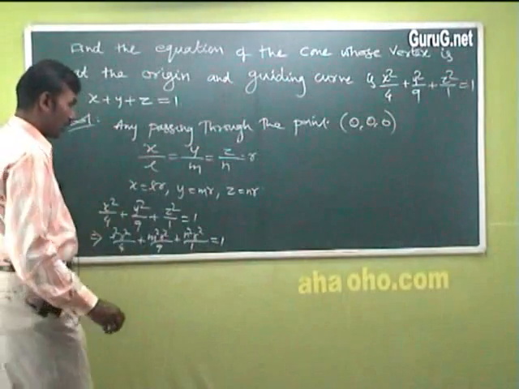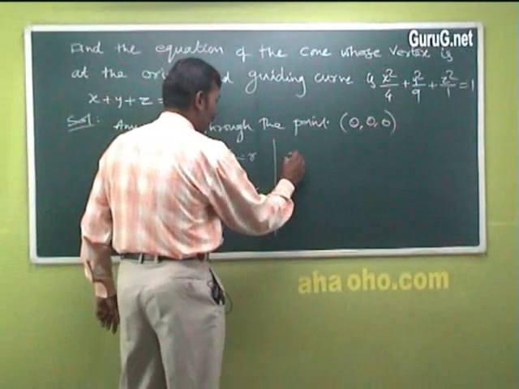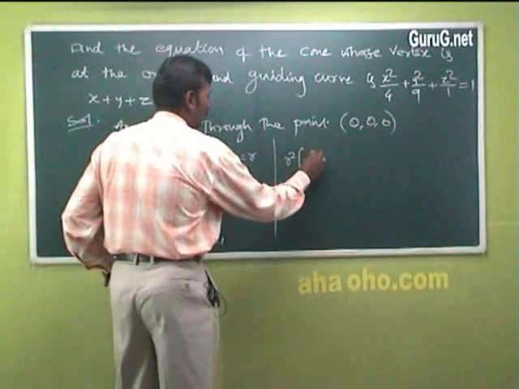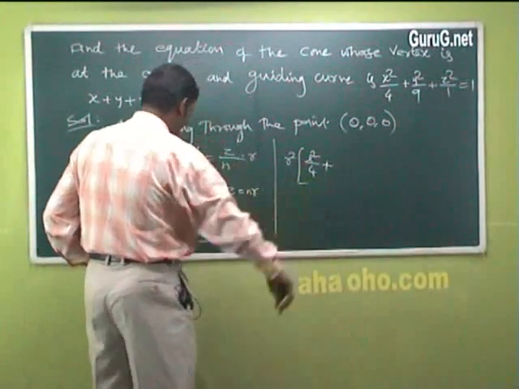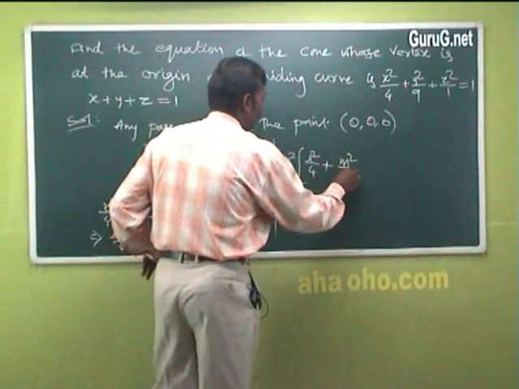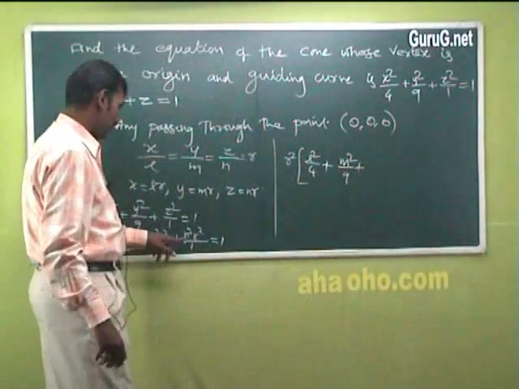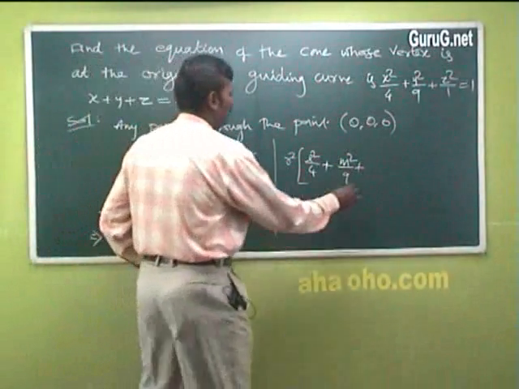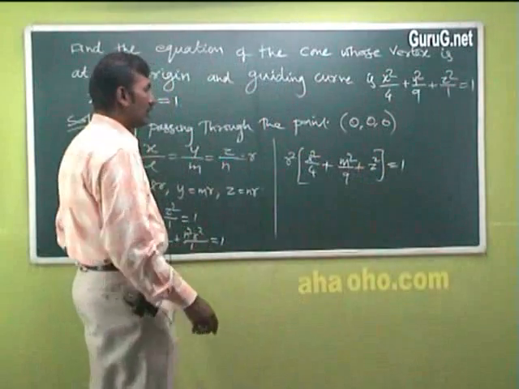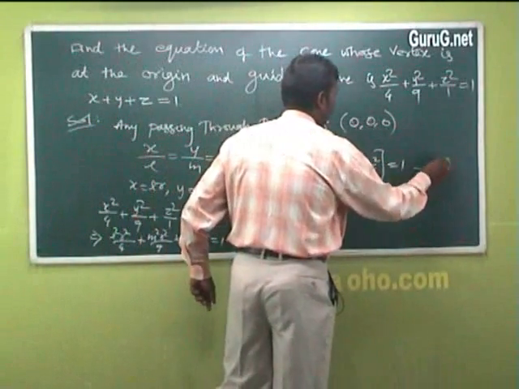You take r squared outside. L squared by 4 plus m squared by 9 plus n squared by 1. So n squared equal to 1. Right? Take it as equation number 1.